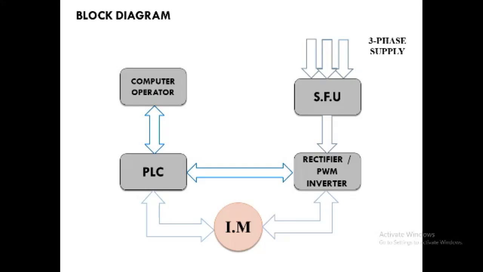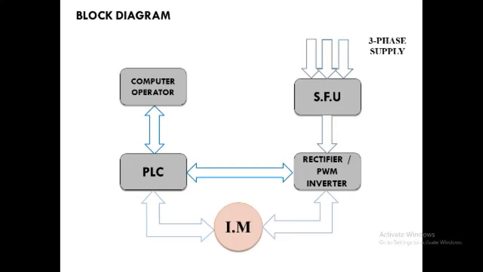Now here the major important part is how this rectifier cum PWM inverter works together. The combination implies that it is a variable frequency drive, and by using this variable frequency drive, automatically the voltage can be turned to a DC supply or AC supply as per our requirement.